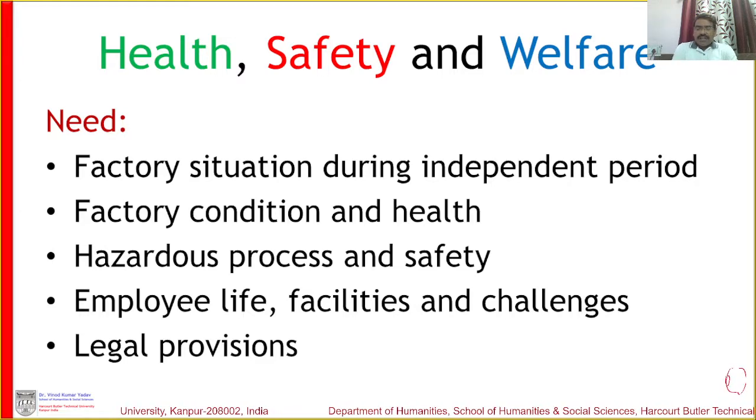If you look at employee lifestyle, facilities and challenges, say for example, women employees working in factories, there was no provision for taking care of their kids. There was no proper drinking water facility, and there were no welfare measures.